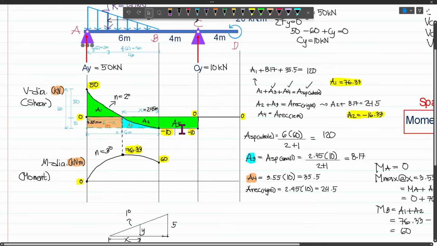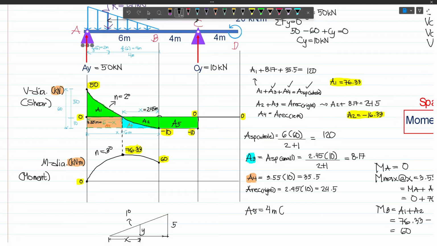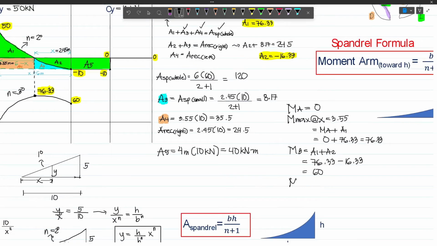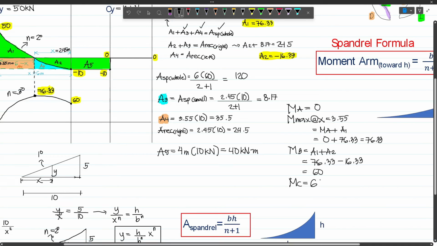And so our A5 will be, since this is only a rectangle, we have the base, which is 4 meters, times the height, which is 10. And so we have 40 kNm. And so our moment at C will become this value, which is 60, and then minus this area, because again, the sign of this one will be negative because our area 5 is below the 0 line. And so minus 40 kNm. So minus 40, this will be 20.